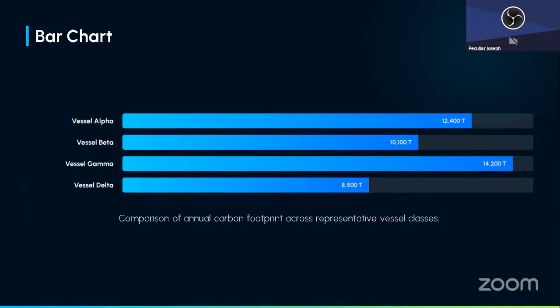Let's say we want to compare the performance of two or more vessels. Look at this. We are trying to compare annual carbon footprints across different vessel classes. We have vessel Alpha, vessel Beta, vessel Gamma, vessel Delta, and we are trying to compare their carbon footprints. So we can make use of a bar chart when visualizing this data for comparison.